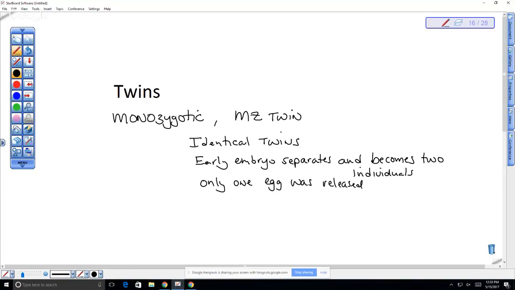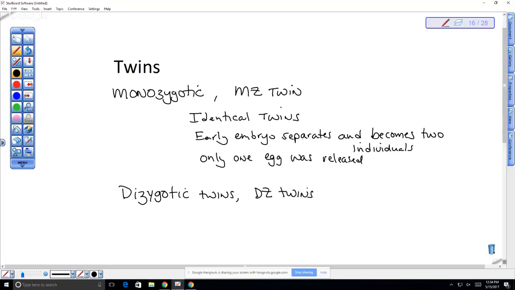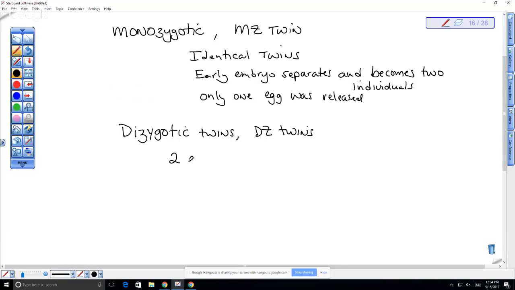So that is opposed to dizygotic. Di means 2, so this would be 2 zygotes. And this is abbreviated as DZ twins. Okay. And this is where 2 eggs are released and fertilized. So these 2 individuals, if they're fertilized by sperm from the same male, would be siblings.